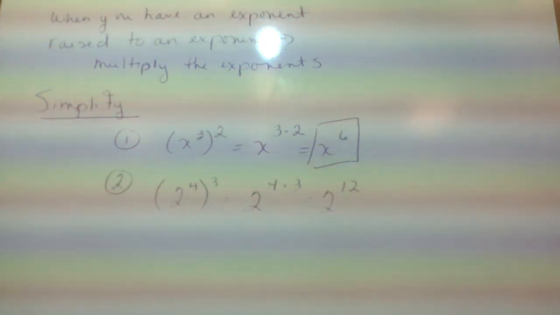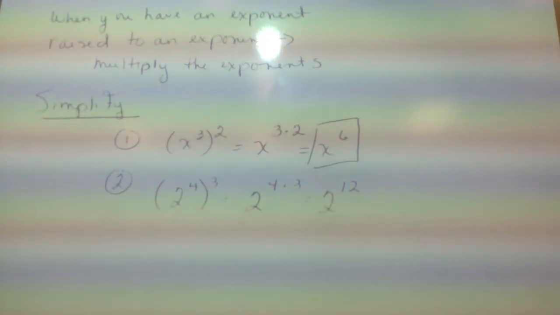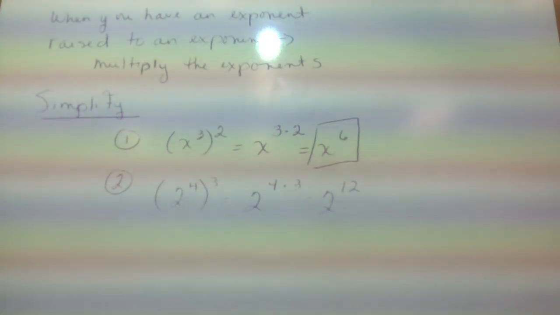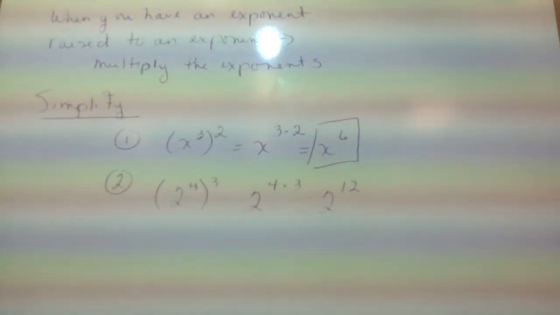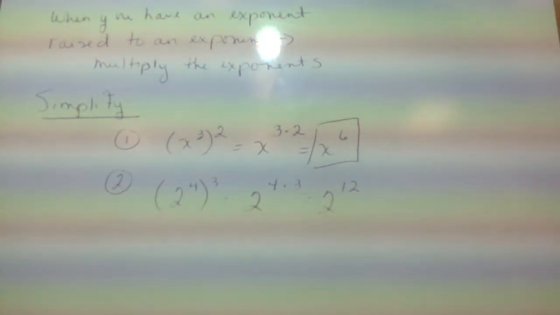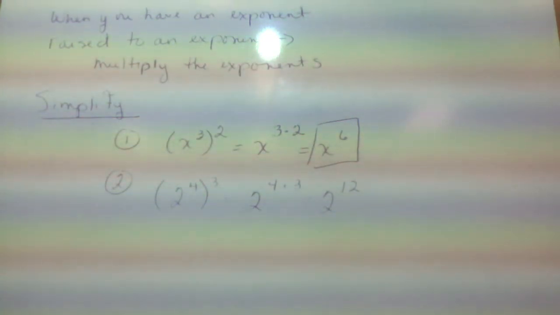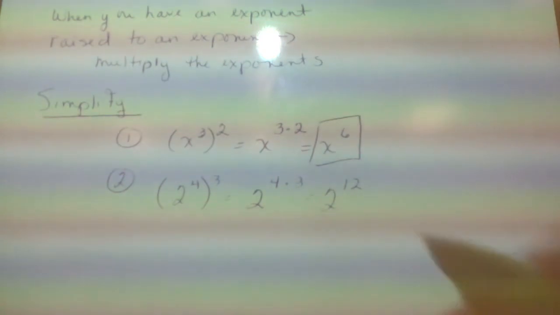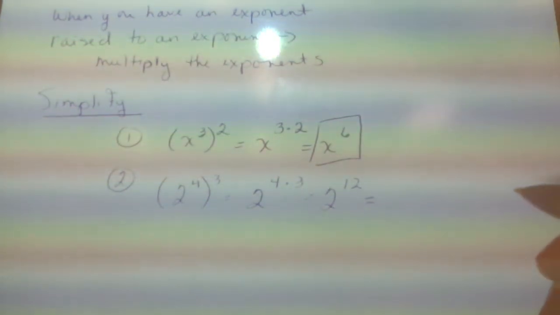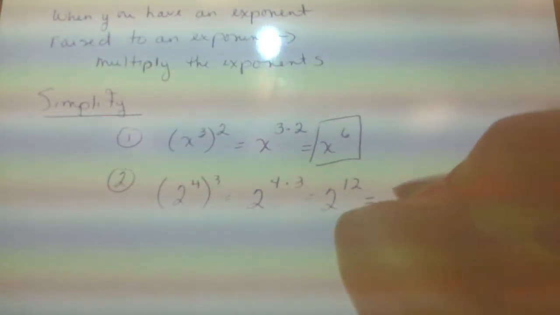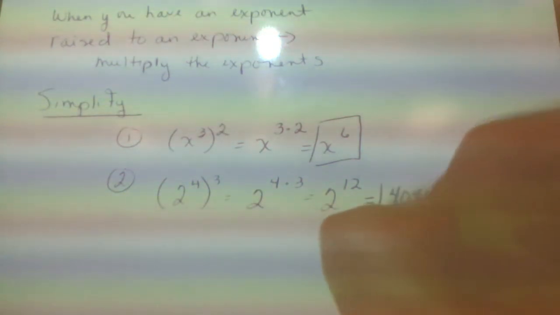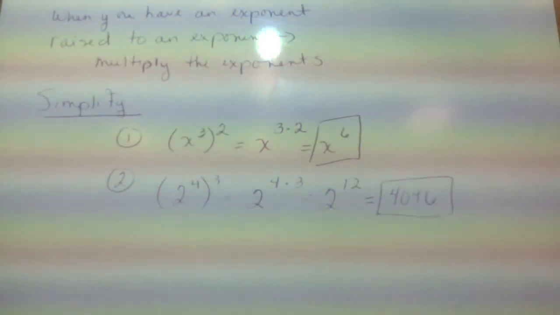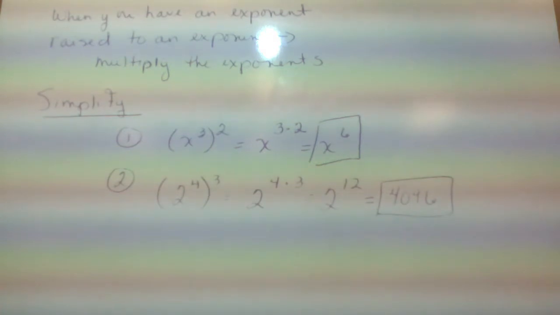You have to actually evaluate that. So in your calculator, you would do 2 to the 12th. Now if you don't have a power key on your calculator, you're going to have to do 2 times 2, 12 times. It's a little tedious, but if you've got that power key, then use it. 2 to the 12th, that's going to give us 4,096.